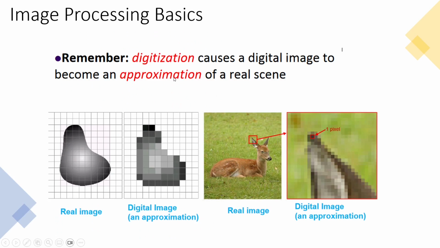We have this concept of digitization when we talk about image processing. This is a real image, but in order to represent it as a matrix, you need to discretize it. When you discretize it, you are given a number of columns and rows. This is a very detailed image, but given a certain number of columns and rows, you need to discretize it as something like this.